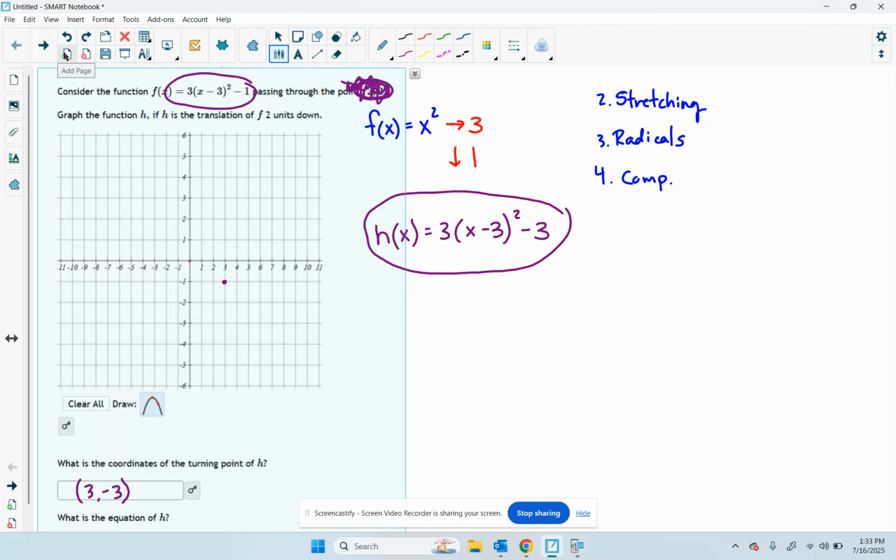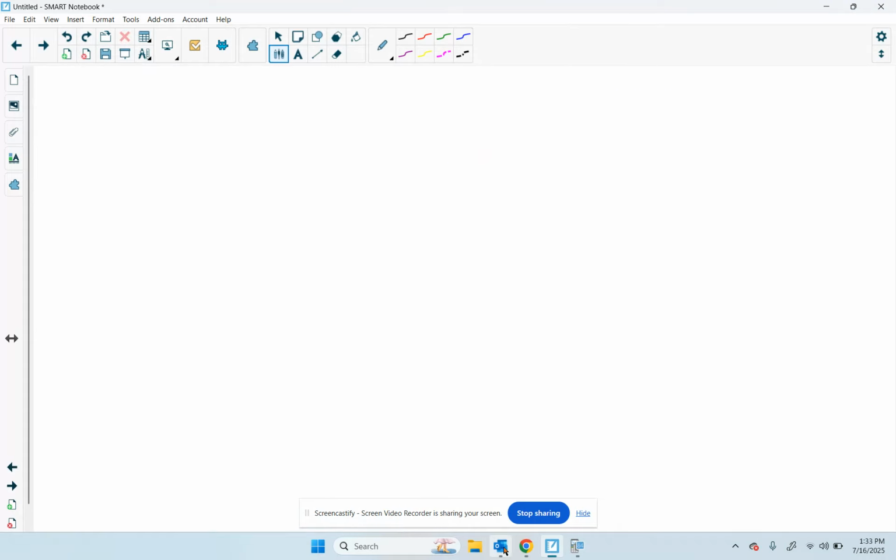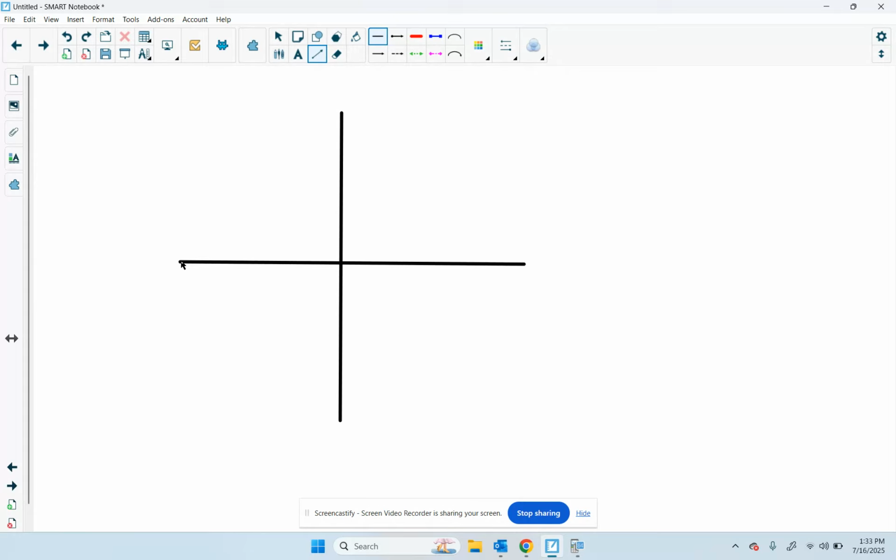Okay, as far as radicals, I think your question was about flipping radicals vertically or horizontally. So let's say I have the graph, this is again going to be a rough sketch, the graph f of x equals the square root of x.